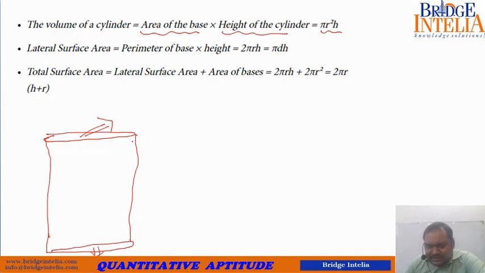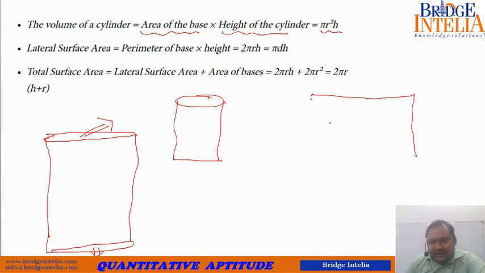If you cut the cylinder and open it up, let's suppose that this cylinder is made up of paper, then you will understand that this circle that you are seeing will become this edge of the rectangle.